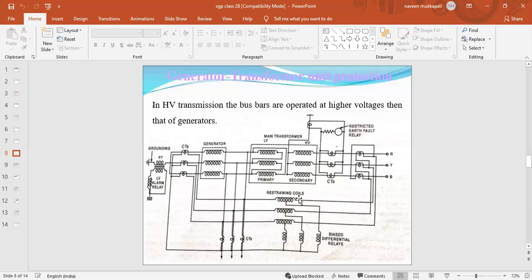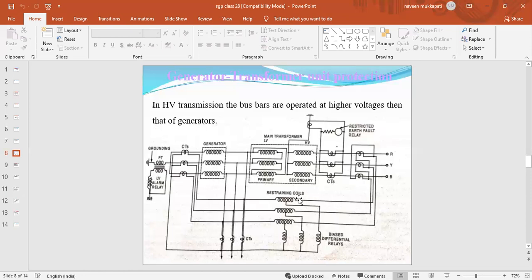First we identify which types of faults occur, what effects those faults produce in generators and transformers, and which type of protection is given for each fault. But in this topic we give protection for the overall generator and transformer.